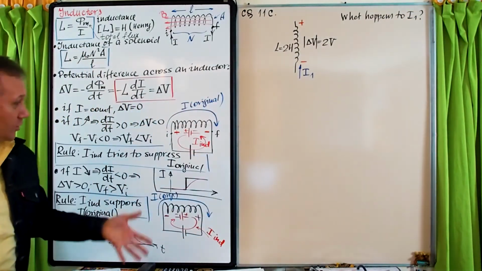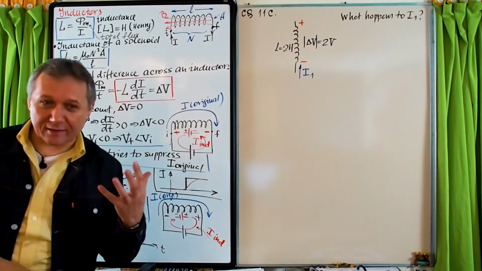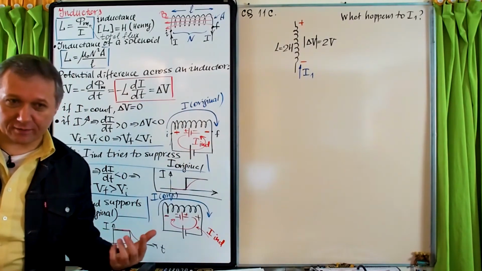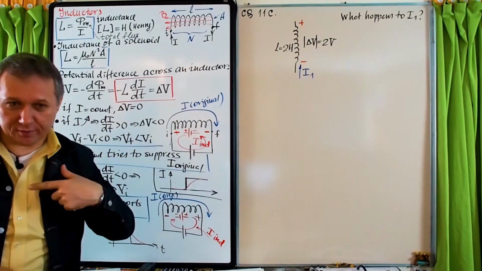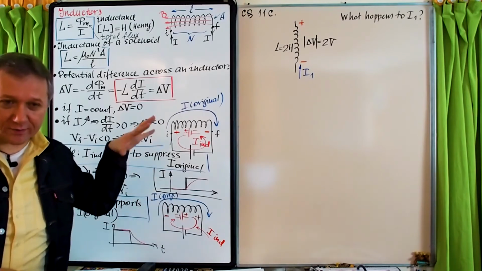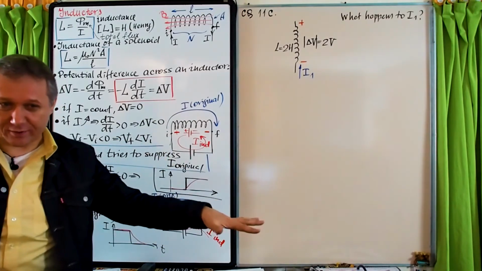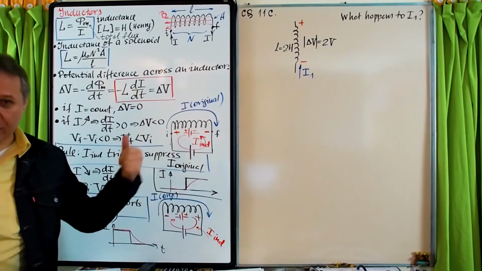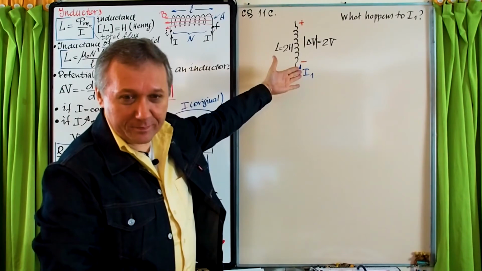Okay, so we just need to remember these rules. A solenoid doesn't like changes in the current. If current increases, it drives the induced current in the opposite direction. If the original current decreases, the solenoid drives the induced current in the same direction as the original current. So now we see the response of the solenoid, plus minus.